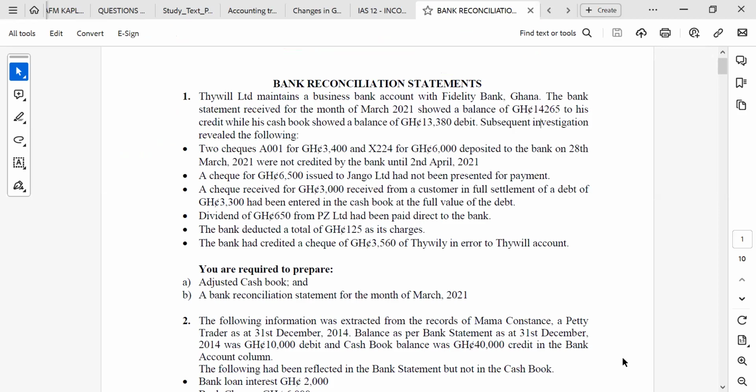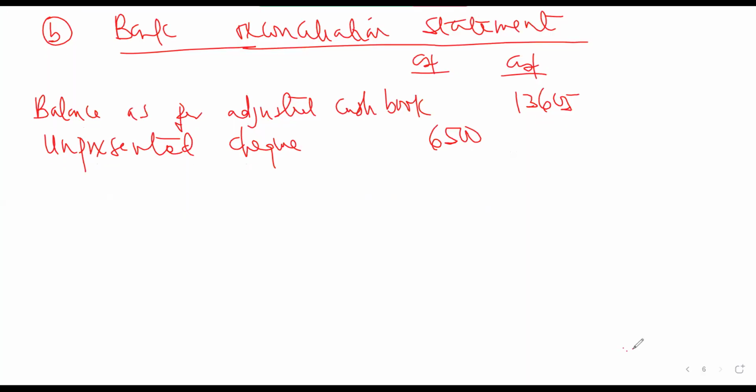No. So the amount wrongly credited has been added to our bank statement, so we also have to come and add it.